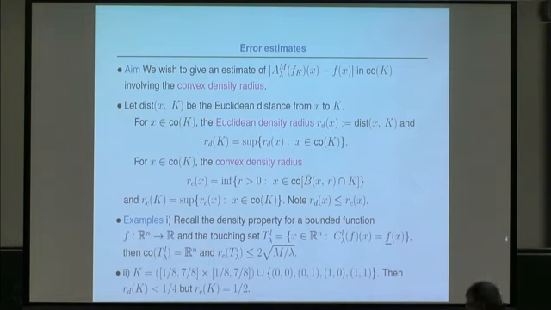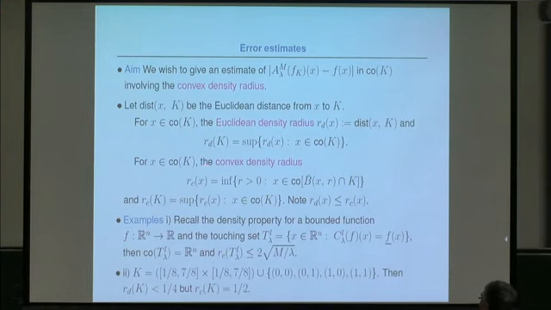We don't know what f is if we cut a hole, but at least we know if f is continuous, what happens. So we define two distances. One is called the Euclidean density radius, which is simply the distance from the point to the set.